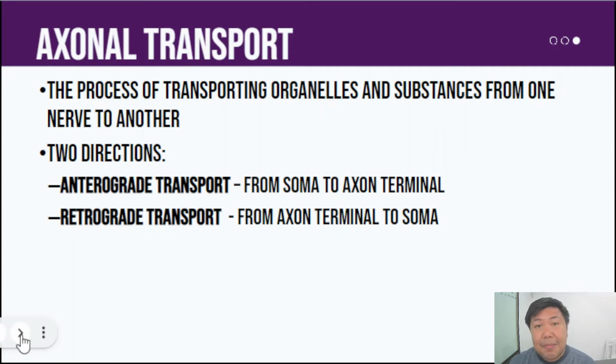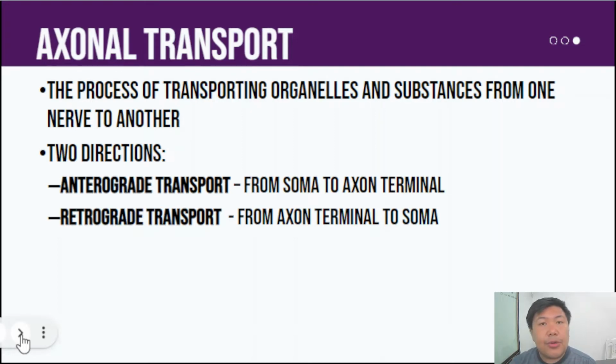And again, as mentioned, there can be two directions, no? When we say anterograde, from the soma to the axon terminal, and when we say retrograde, from the axon terminal to the soma. Again, let me reiterate that when we say axonal transport, ang transport natin dito are substances and organelles.